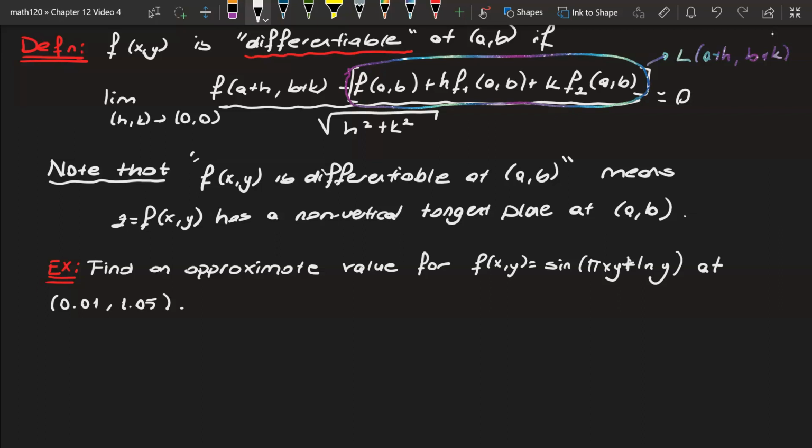So we can get the linearization of f of (x, y) at (0, 1), and it can be useful to get an approximate value for the function at the given point.